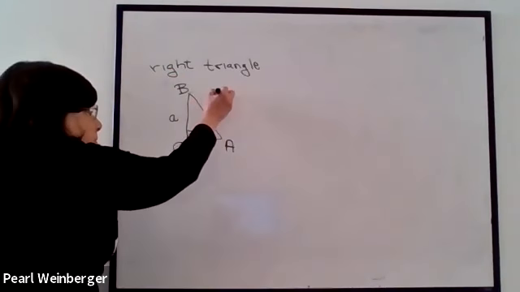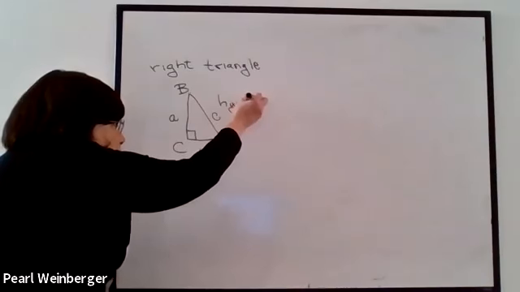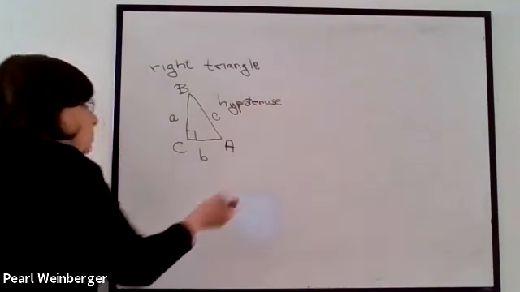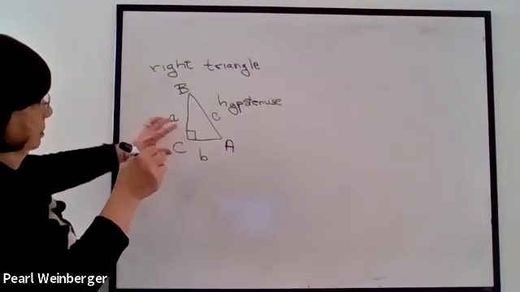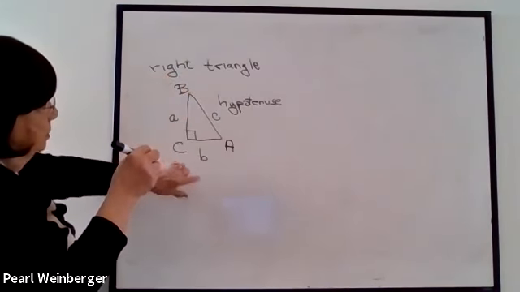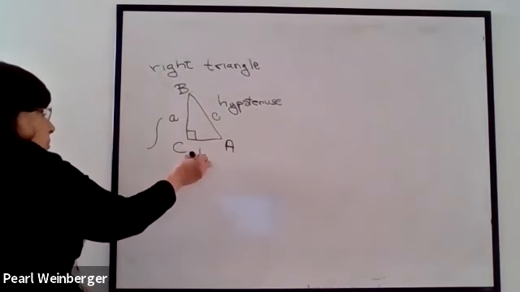In the right triangle, the side that's across from the right angle is called the hypotenuse. We mentioned all this last time. And the other two sides that are across from what we call the acute angles, the smaller sides of the triangle, are what we call legs. These are the two legs.